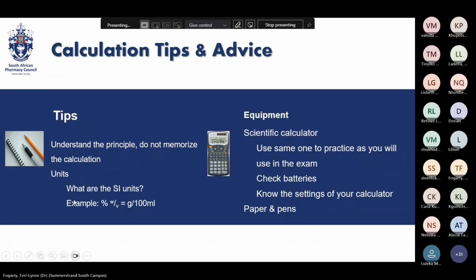This is very important. What are the SI units? What does it mean if we ask what a gram is, versus what is a milligram, what is a milliliter, what is a liter? And when you see percentages, such as percentage weight per volume, percentage mass per volume, what does that actually mean?